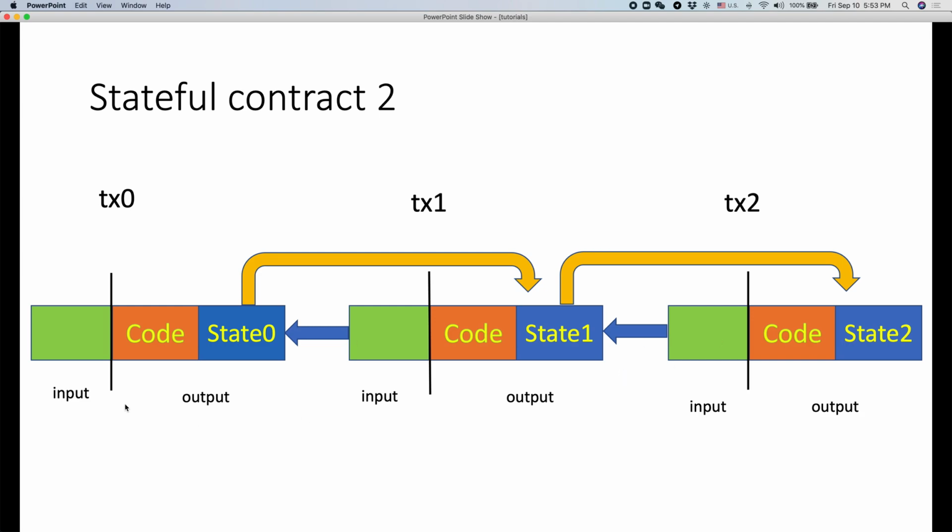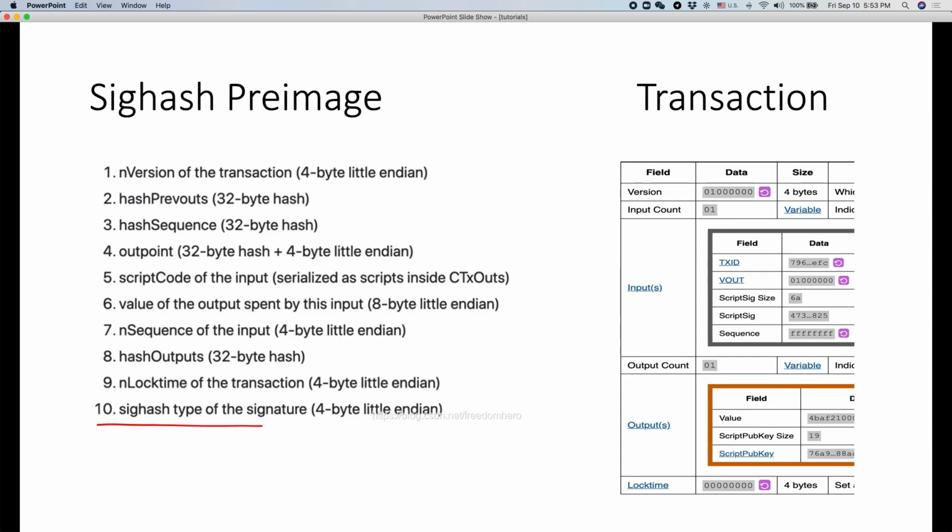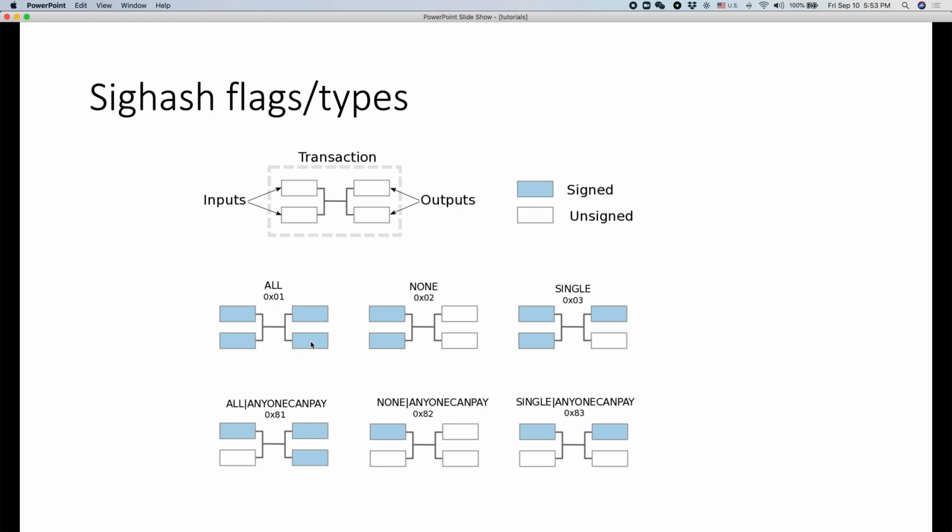For it to keep going, potentially forever, as long as it gets paid, we add two things here. One is we add another output, which is the change output. So if we have more inputs than the outputs, even after we pay the miner fee, we can get change back to us.